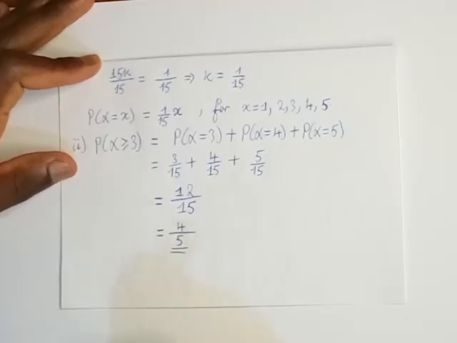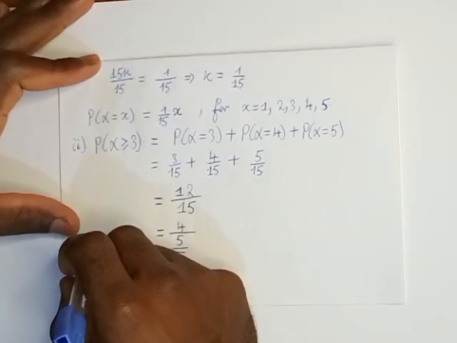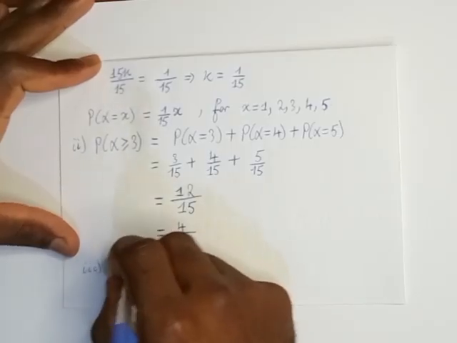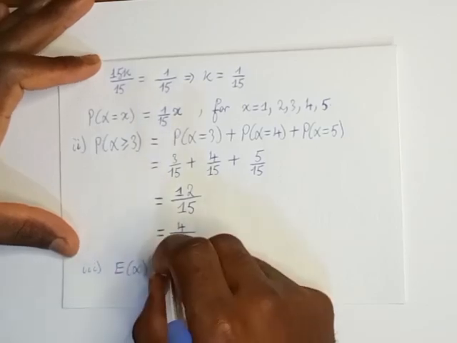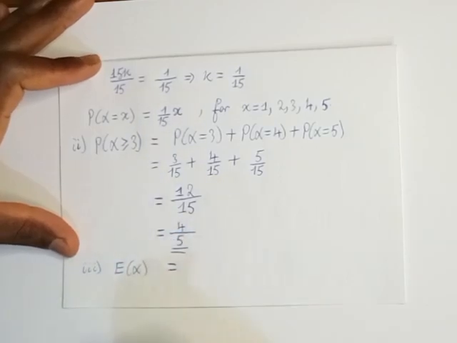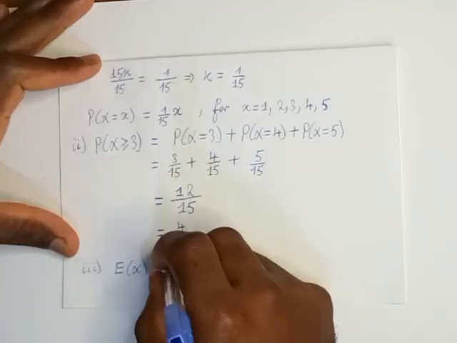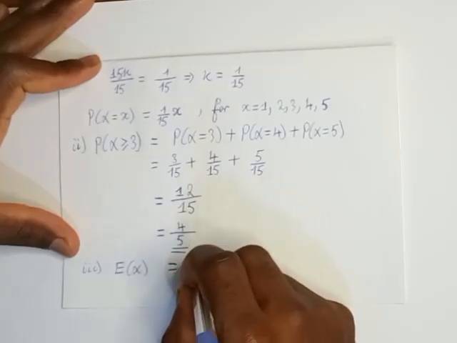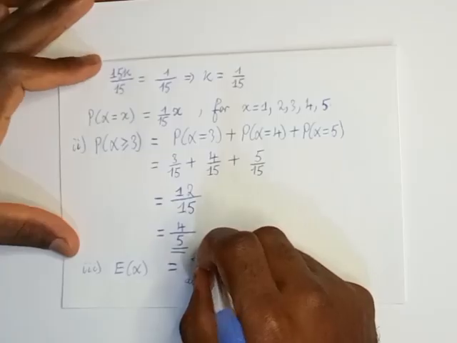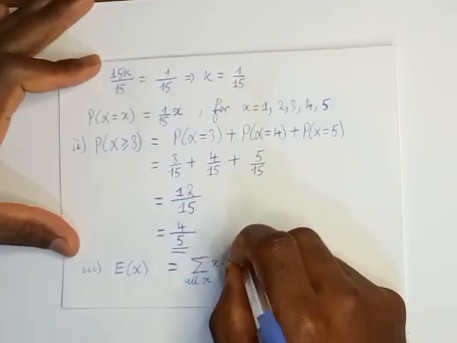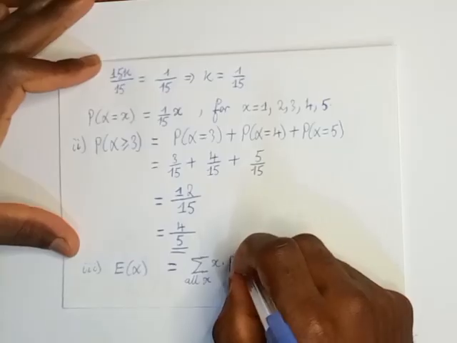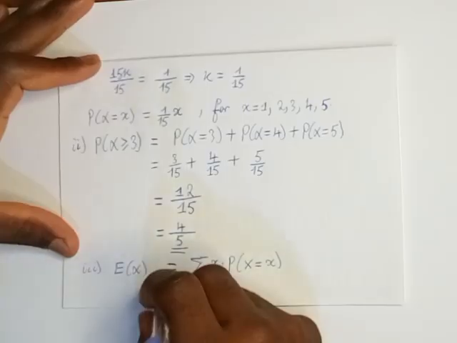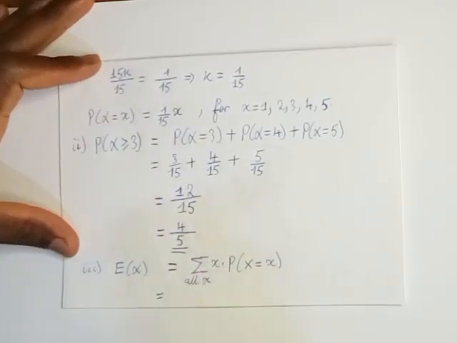We move now to question 3(i). We have to find the expectation of X. We make use of this formula: the summation over all x of x times P(X = x).